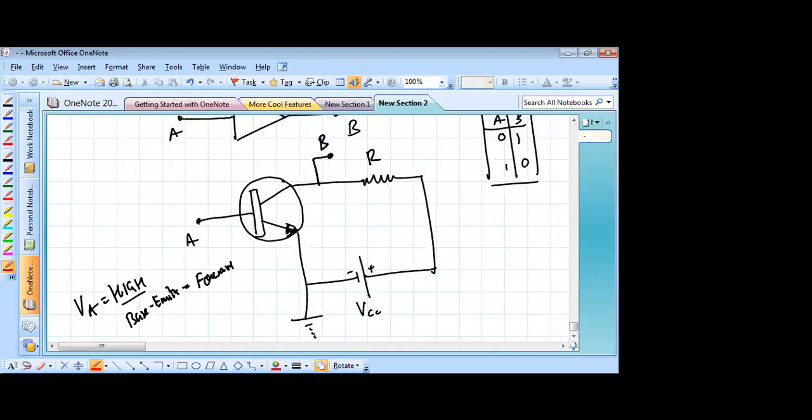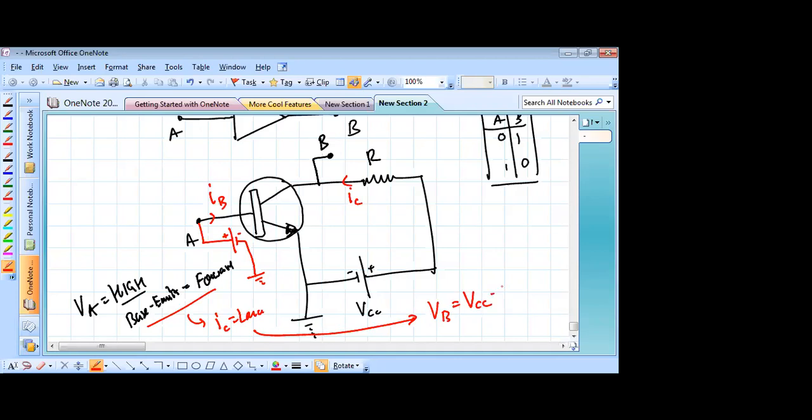There is base current, there is collector current. So forward bias means collector current is large. So you can see that the voltage of the point D becomes VCC minus IC into R, and the current is a large value, so this becomes a low voltage. So E being a high voltage gives you D as a low voltage.